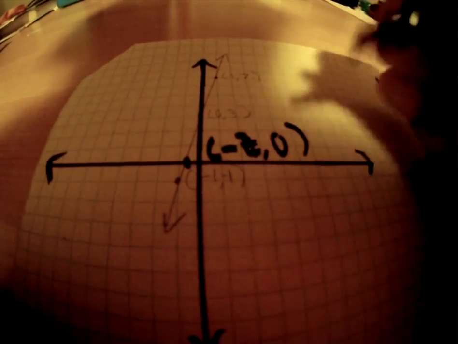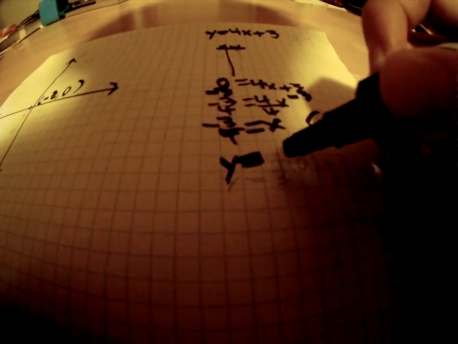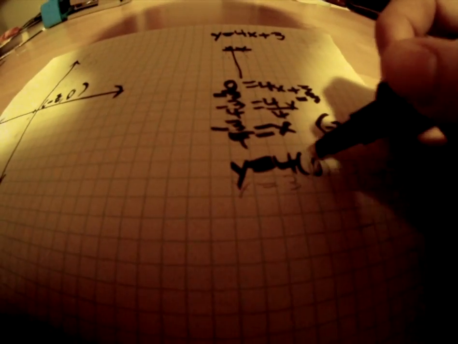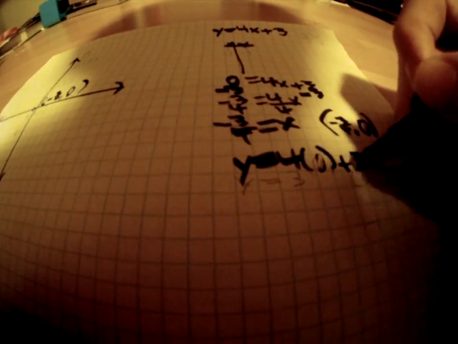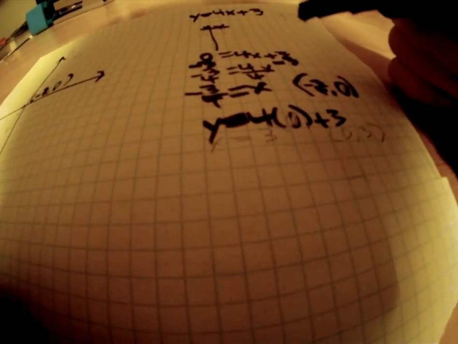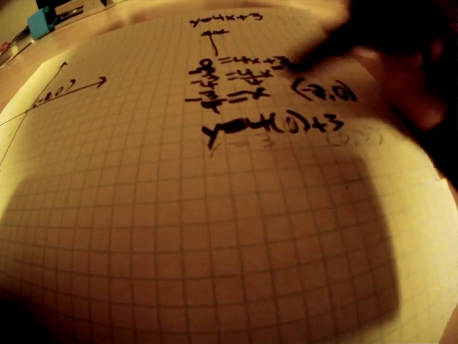And then to find our y, we'd set x to 0, and it would be y equals 4 times 0 plus 3. And if we multiplied 4 by 0, it'd be y equals positive 3.